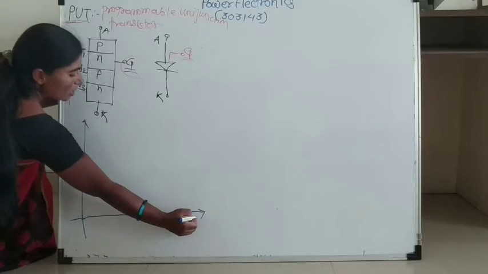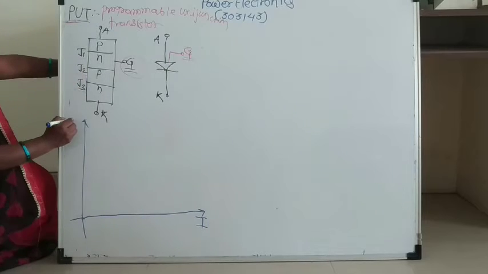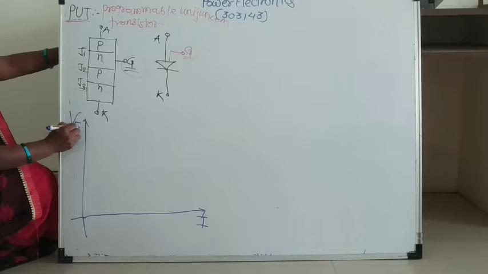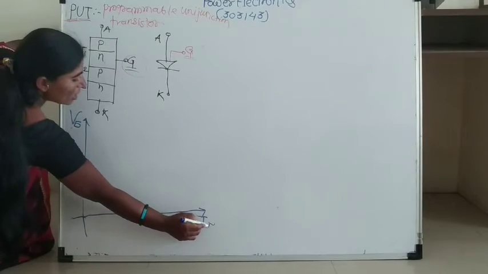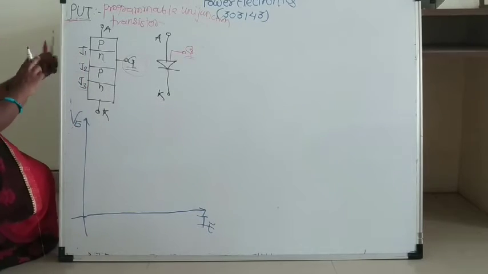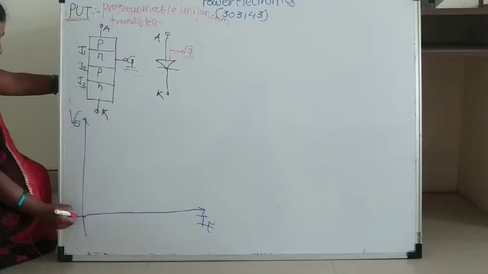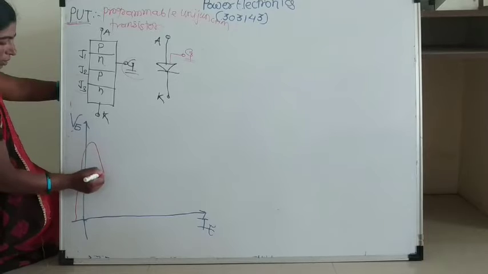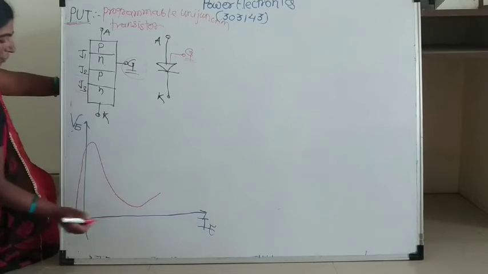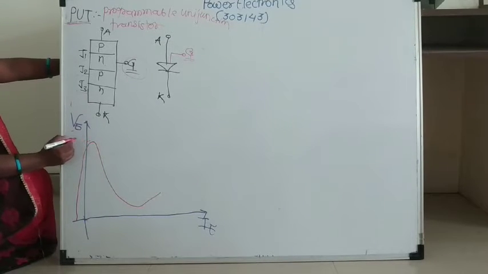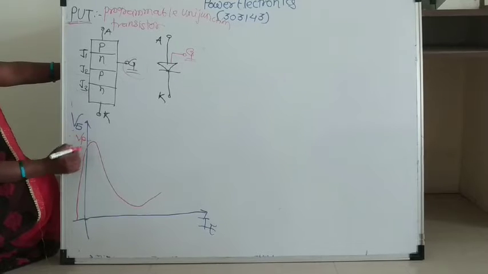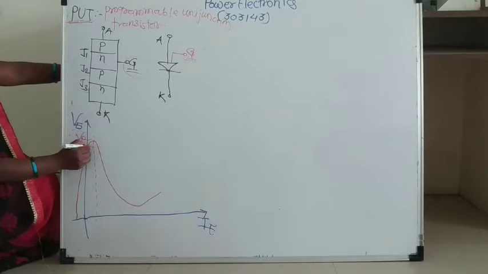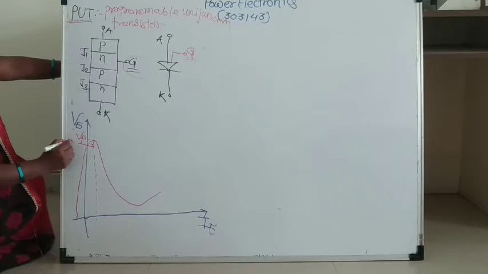Here, on the x-axis current is there and on the y-axis voltage is there. This voltage is called the emitter voltage, and this current is called the emitter current. Now see the characteristics. These characteristics are the same as those of the UJT. Here, this is the peak voltage. Before this is the cutoff region.